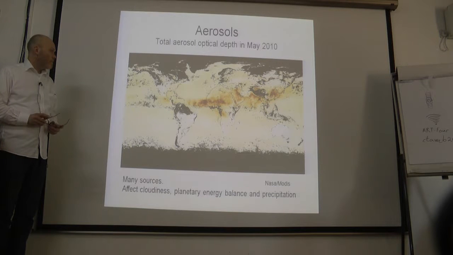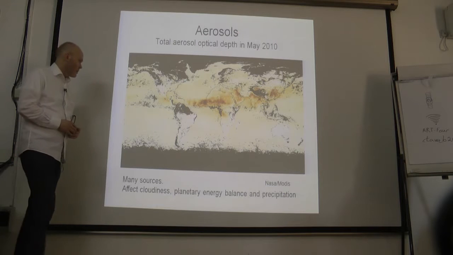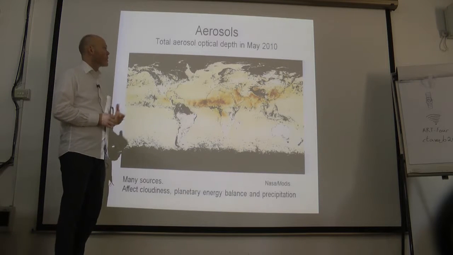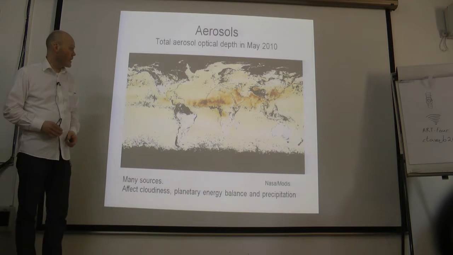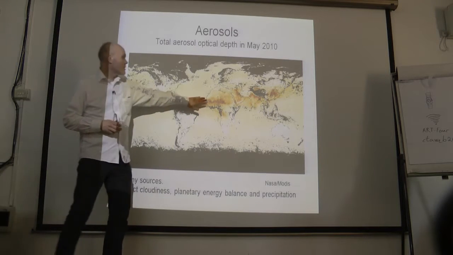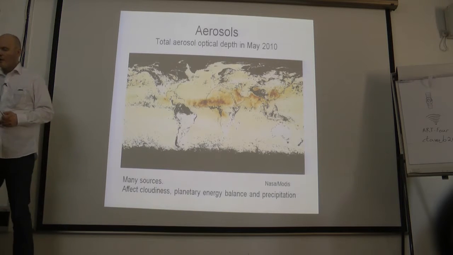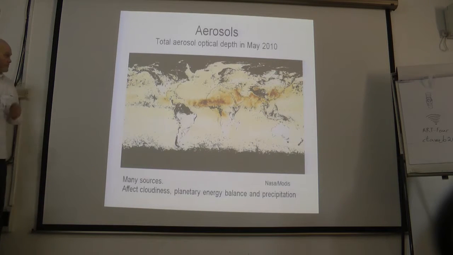And modern technique allows us to measure the optical thickness, the aerosolness in the atmosphere, and this is an example of aerosol from May 2010 from satellite, and we see that we get a lot from the desert areas and relatively little from most other areas in the world.